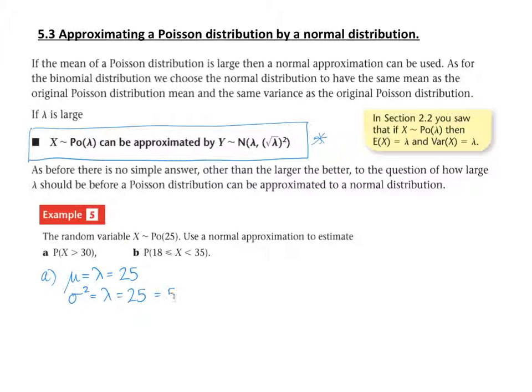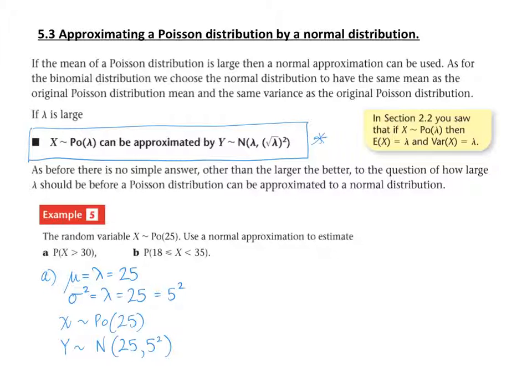So that's actually equal to 5 squared. So we can say that x follows the Poisson of 25, and then if we change our variable to y, we can change that into a normal distribution of 25 and 5 squared. You can see your mu and sigma from there.